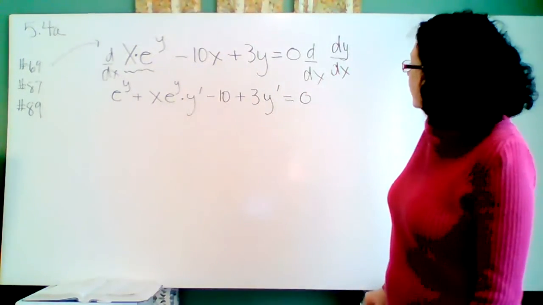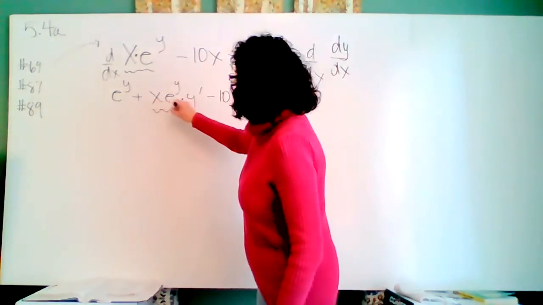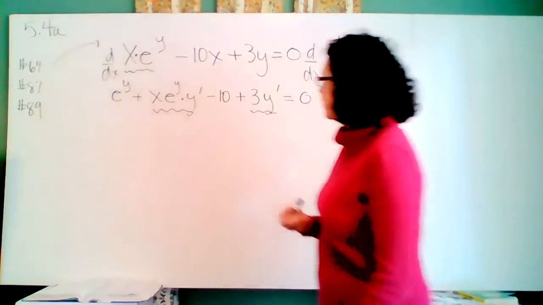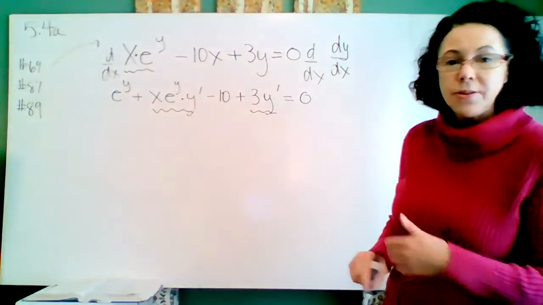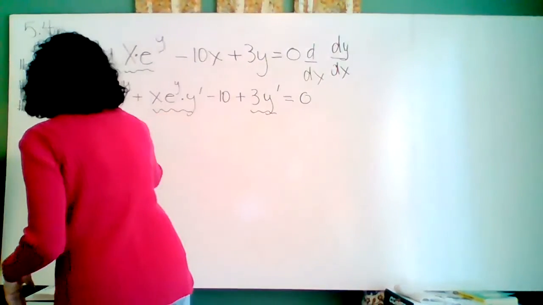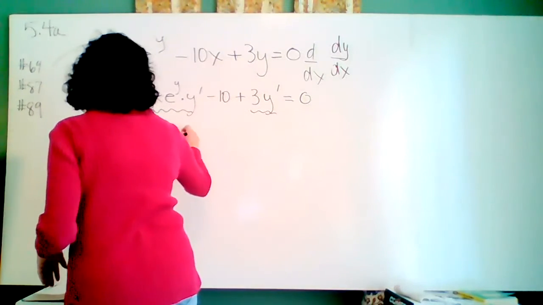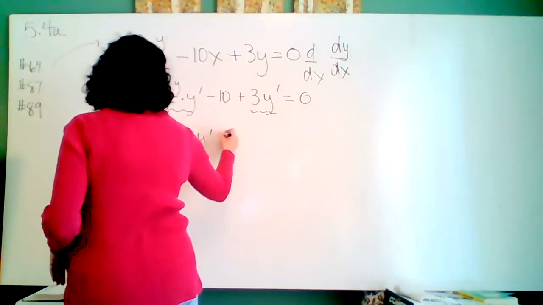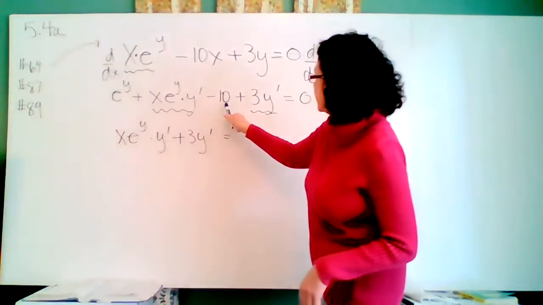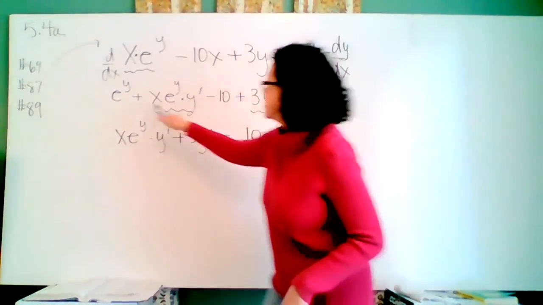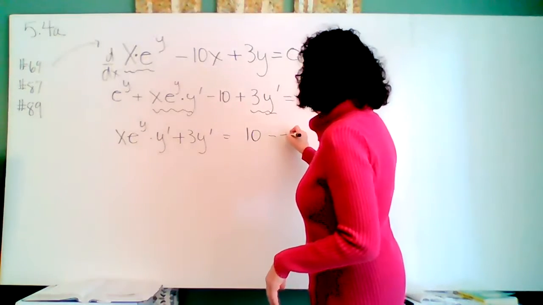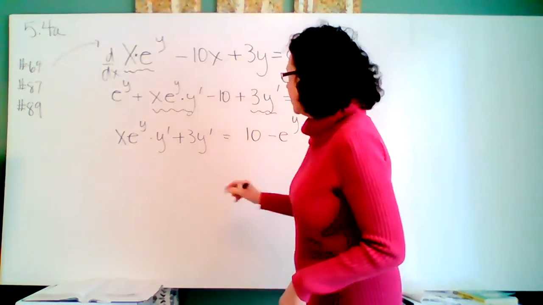Okay, I am going to keep any terms with a y prime on the left and get everything else to the right. Okay, I'm going to add a 10 and subtract e to the y. There we go.